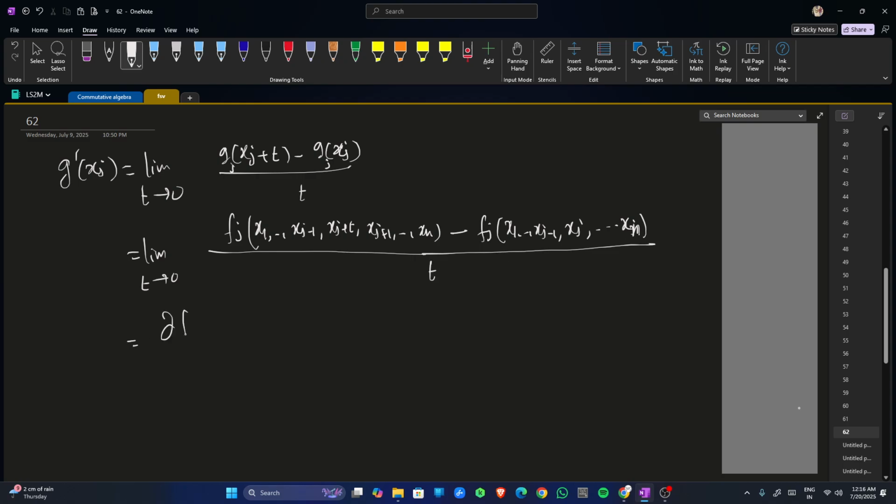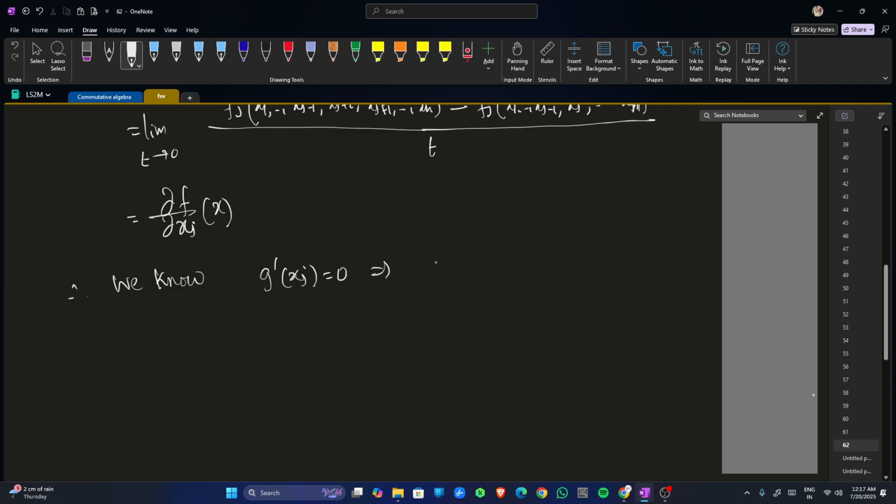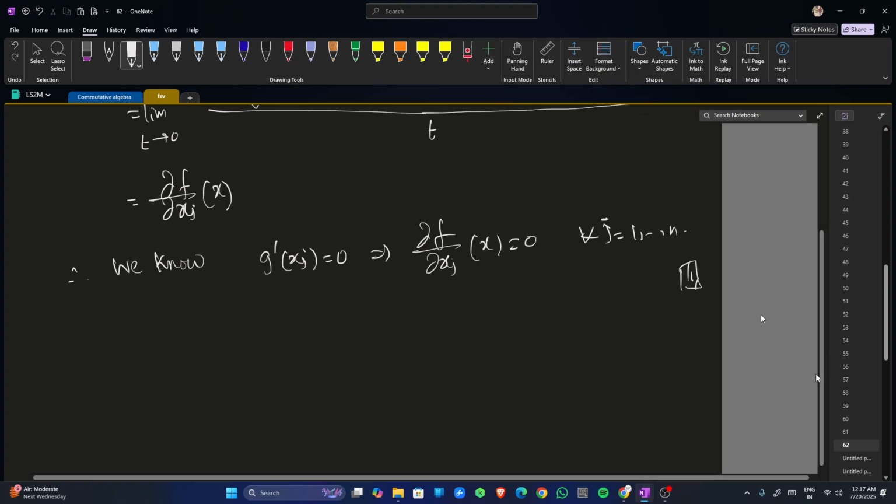This is by definition del f by del xj at the point x. Therefore, we know g prime at the point xj equal to 0. That implies del f del xj at the point x is equal to 0 for all j equal to 1 to n. This completes the proof.